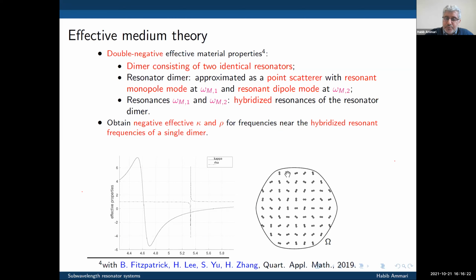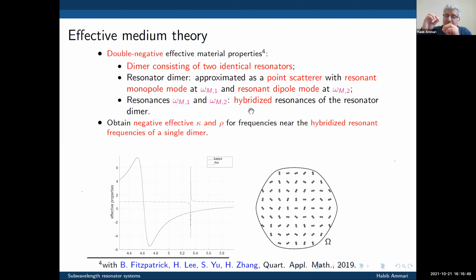We can distribute inside the domain omega dimers. So these dimers consist of two identical resonators. We can prove that a resonator dimer can be approximated by not only a point scatterer, like a single resonator, but a point scatterer with a resonant monopole mode and a resonant dipole mode at two different frequencies.